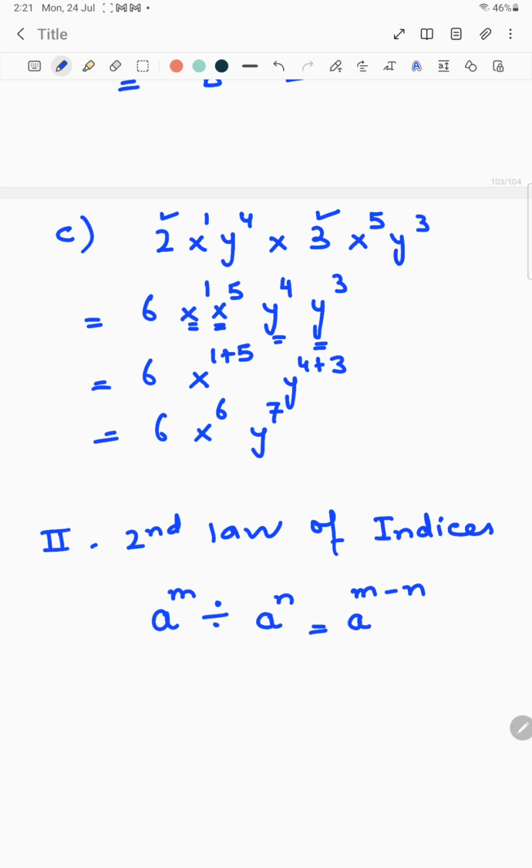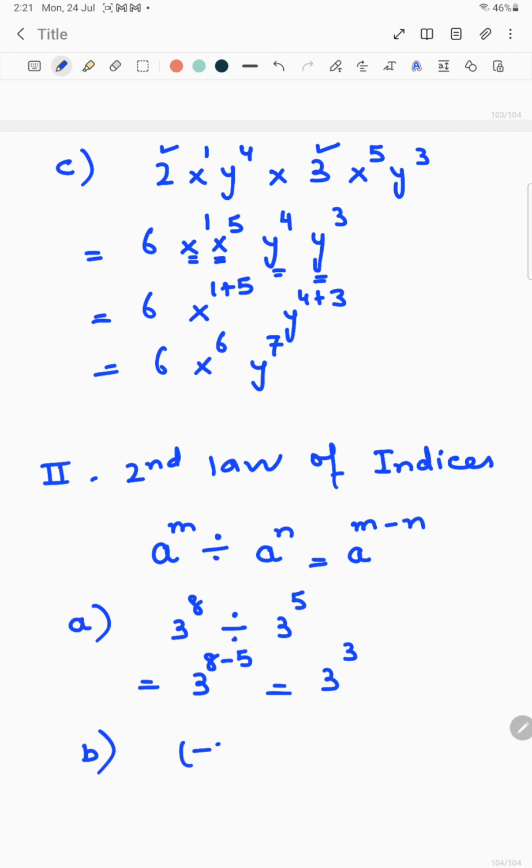Now we will understand it with the help of examples. Example number 1. If you have 3 raised to power 8 divided by 3 raised to power 5, now we have to subtract the powers, 8 minus 5, because there is a division sign between them. So 3 raised to power 3 will be your answer.